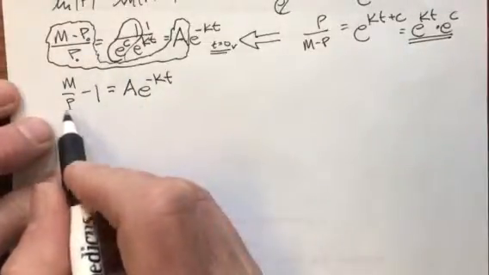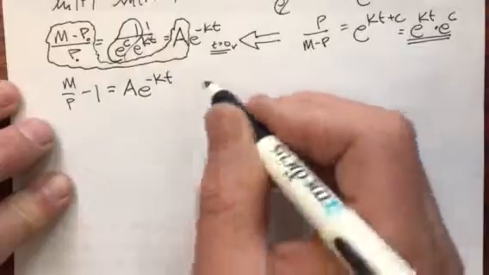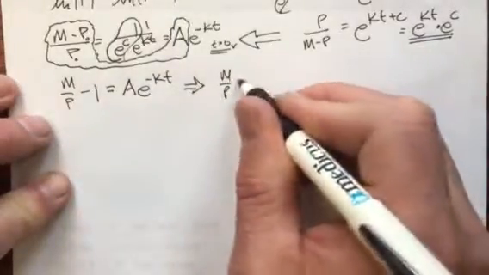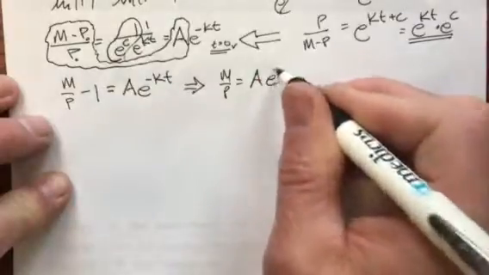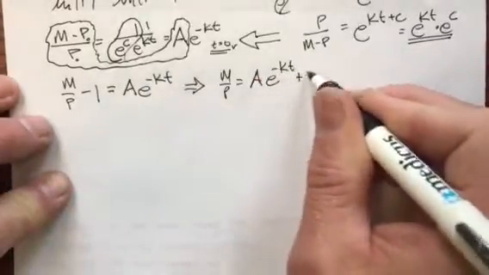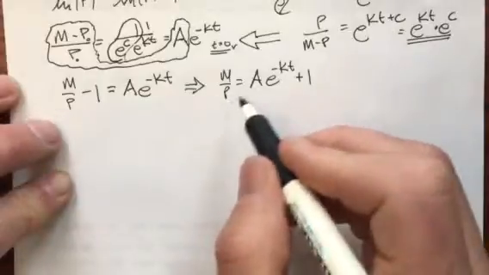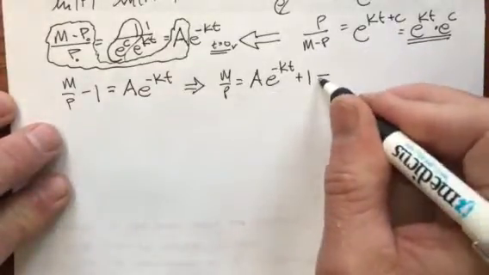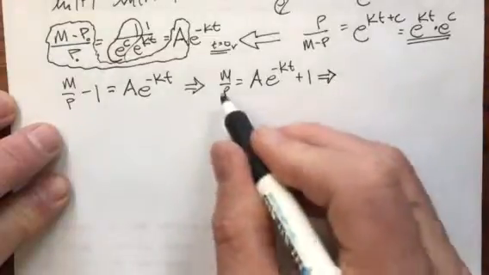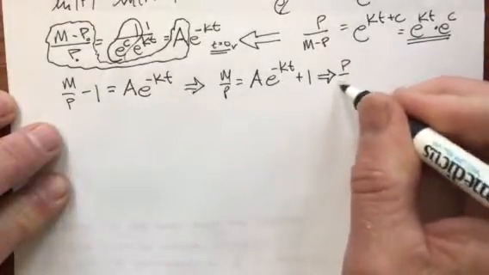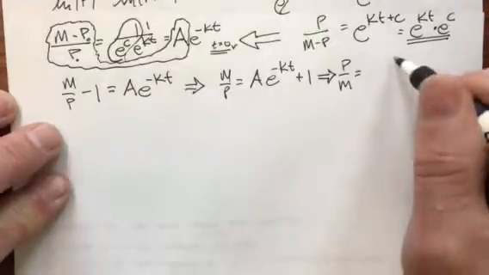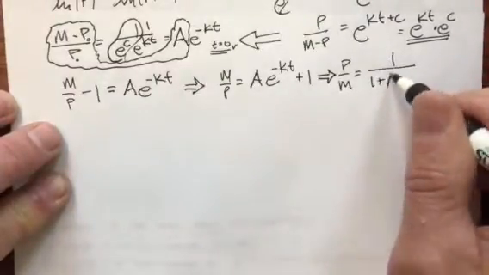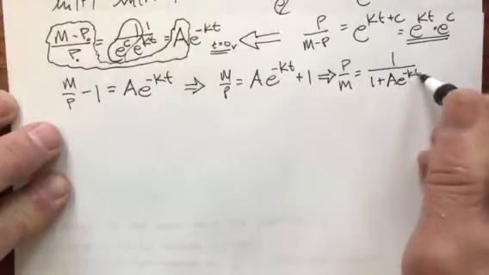I want to get p by itself, so I'm going to add 1 to both sides. So I get m over p is equal to a times e to the minus kt plus 1. And then I'm going to take this whole fraction and flip it upside down, because again, it's just the quick and dirty way to get p by itself. P over m then is equal to 1 over, and I'm going to put the 1 out front, 1 plus a e to the minus kt.